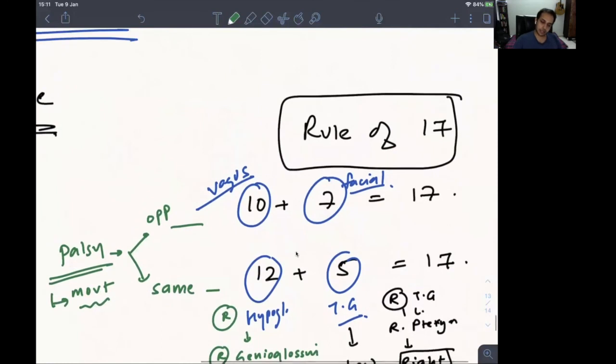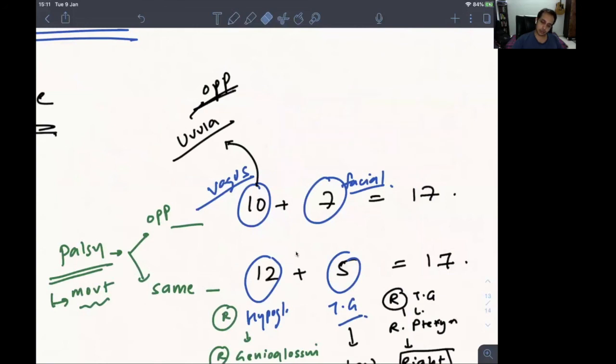Whereas in vagus, the 10th nerve, your uvula moves towards the opposite side, and in your facial nerve, the angle of the mouth moves towards the opposite side.